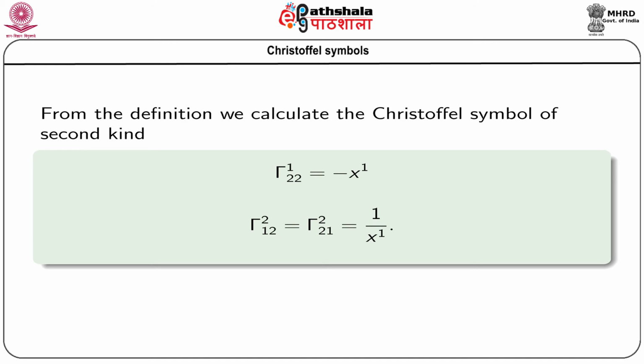They are equal and this is coming to 1 by x1. We can easily calculate this Christoffel symbol of second kind with the help of Christoffel symbol of first kind. So, in section 1 of module 1 of chapter 4, we have learned about the Christoffel symbols and their properties. Also, we have seen how the Christoffel symbols can be calculated in cylindrical coordinate system or in any coordinate system.